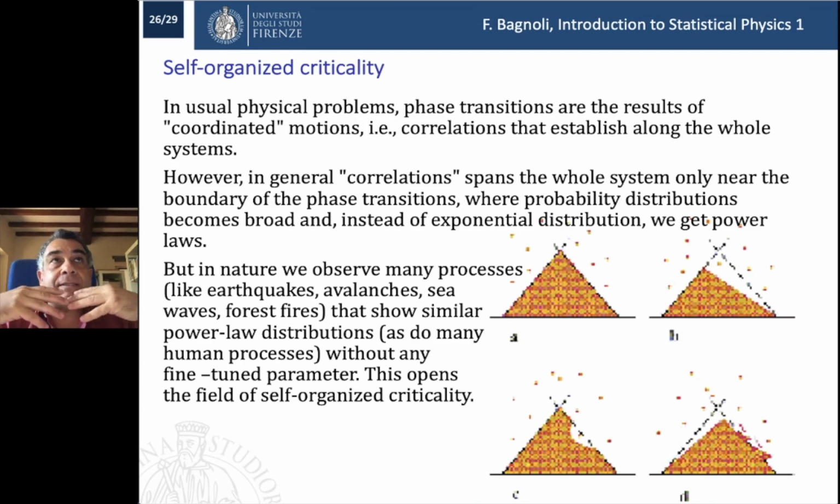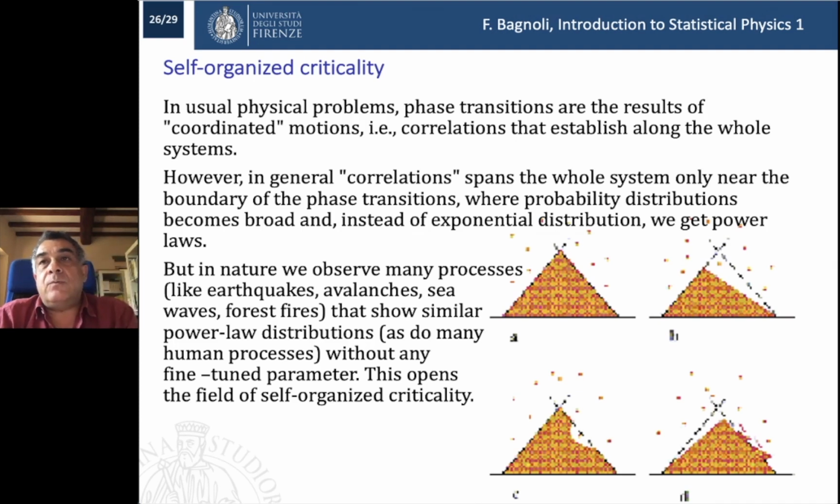In a critical system, one has fluctuations at all scales, but in usual systems, for instance magnetic ones, this happens for a very precise value of, for instance, the temperature or some control parameter, while in reality, say earthquake distributions, or the distribution of waves in the sea, or avalanches and so on, one observes a power law distribution like that one observes in critical systems, but without any parameter that is fine-tuned.